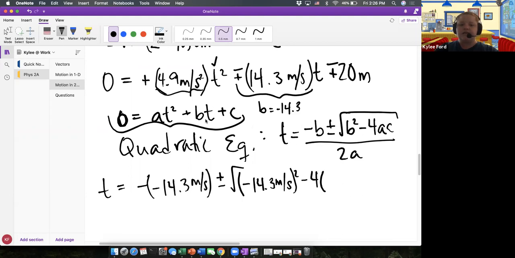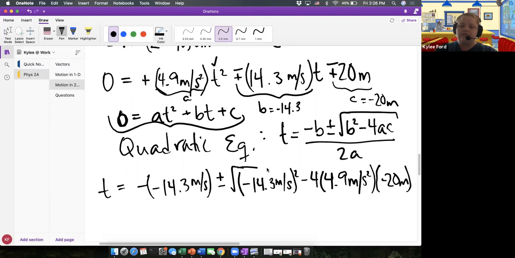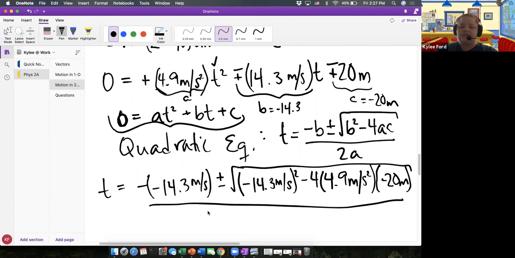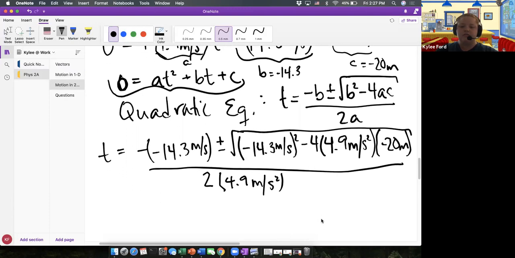This is my a, so 4.9 meters per second squared, times c. My c is negative 20 meters. So that's one big square root, and I'm going to divide that by 2 times a, 4.9 meters per second squared.